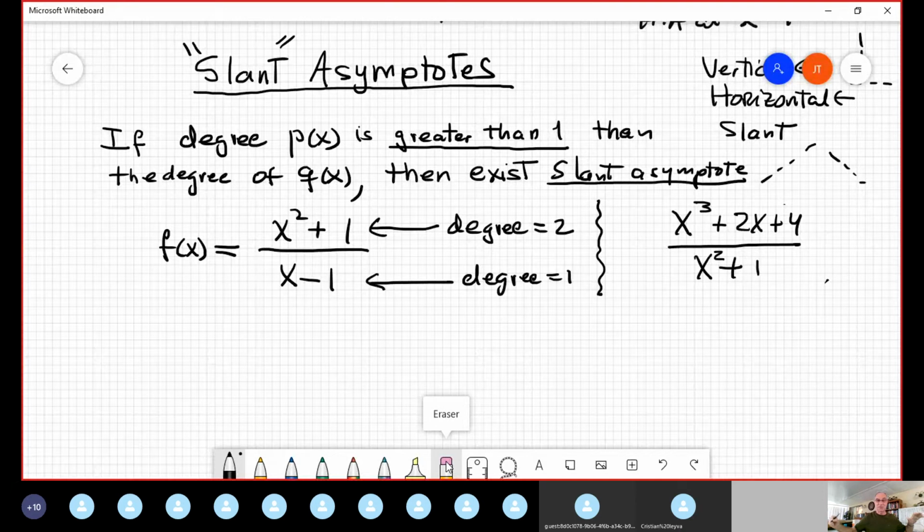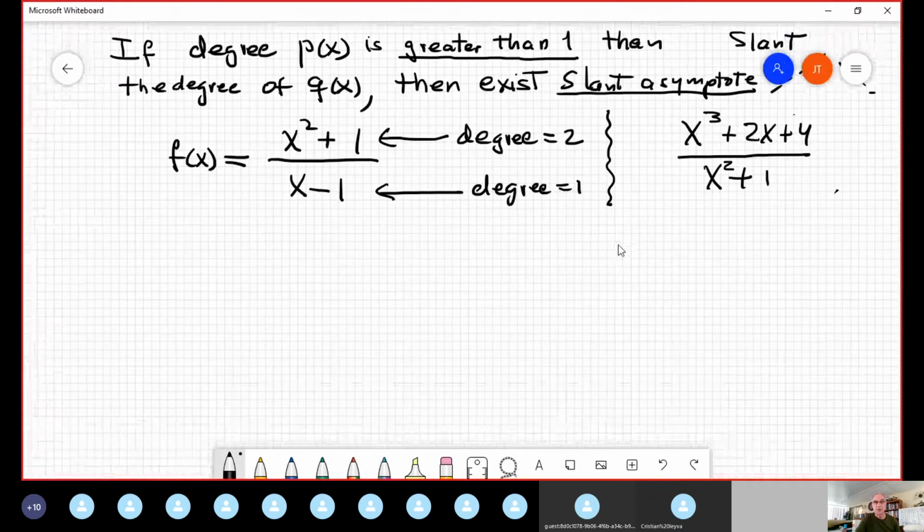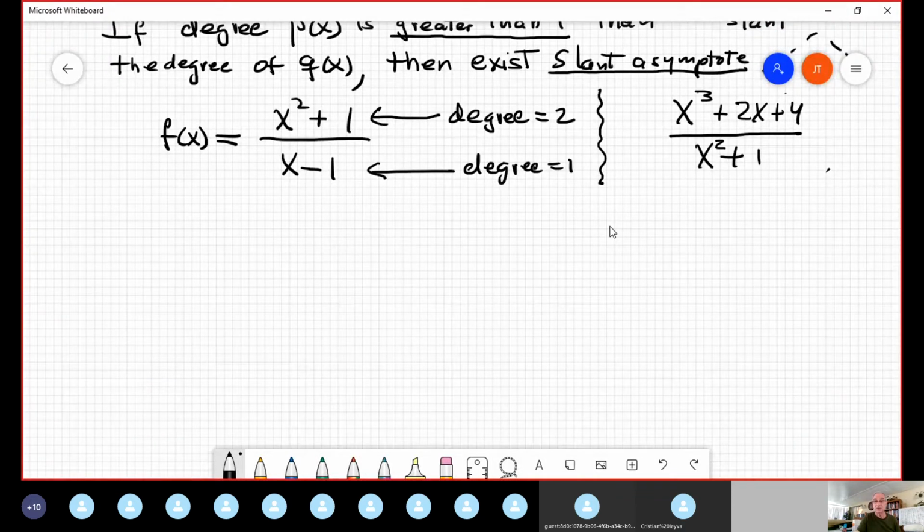Okay, this is my first question: identify whether or not we have a slant asymptote, analyzing the degree of the polynomial in the top and the degree of the polynomial in the bottom. Now my second question is, where is the slant asymptote? What is the equation for it? Well, we need to do long division or synthetic division, depending.